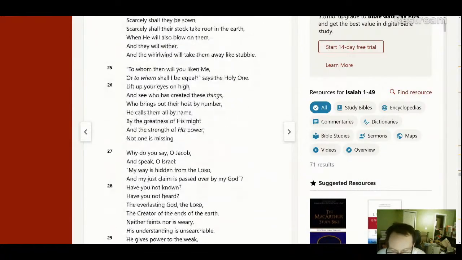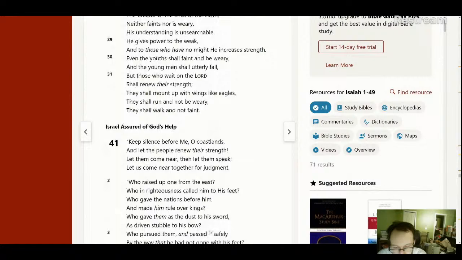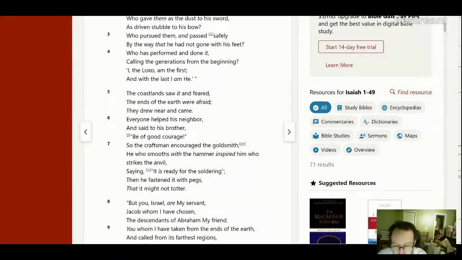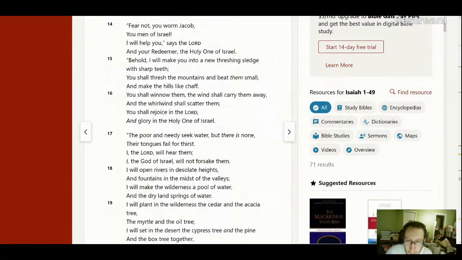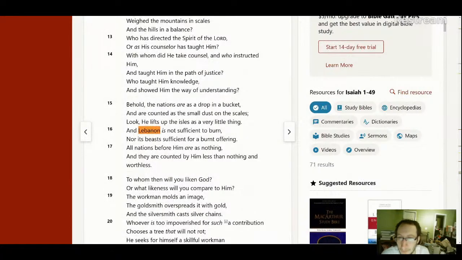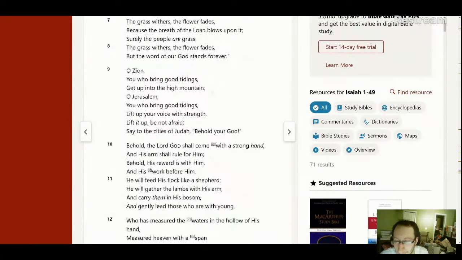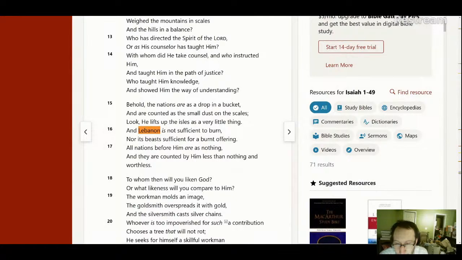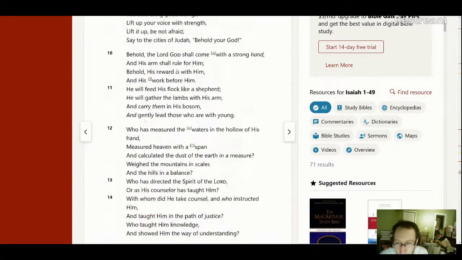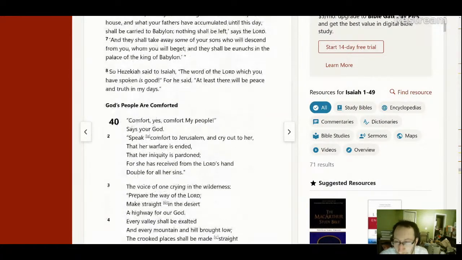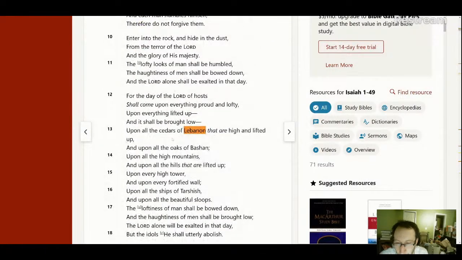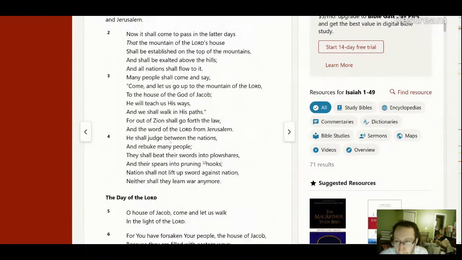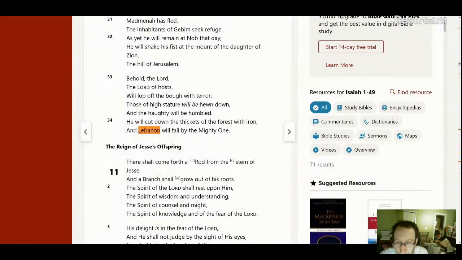And then, let's see here. And I think there's something about, where's Lebanon? Yeah, then it mentions Lebanon right here. Okay. And so that's chapter 40.